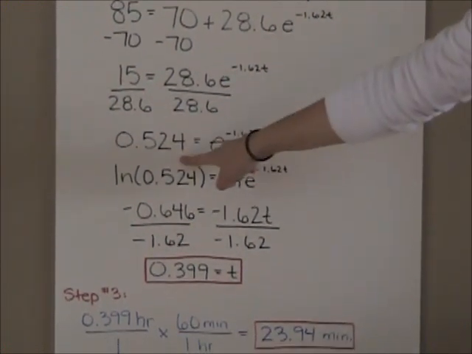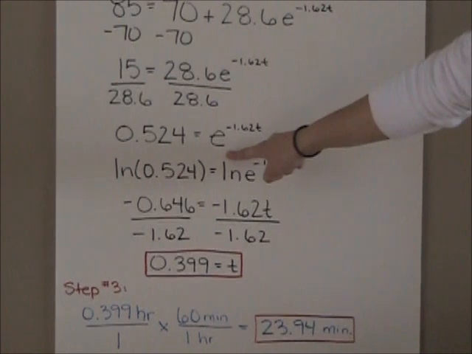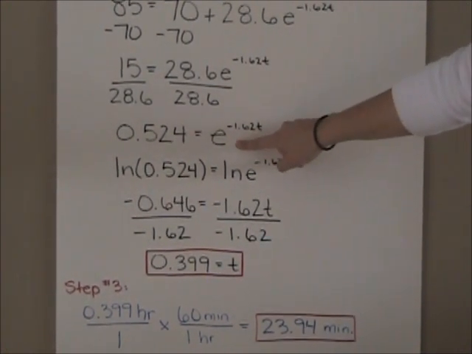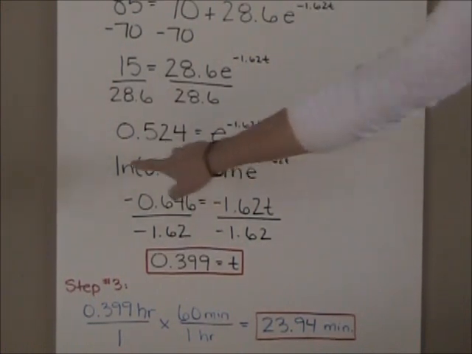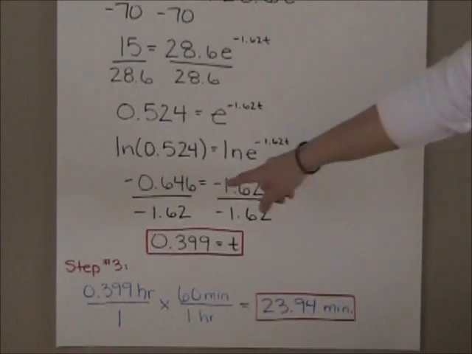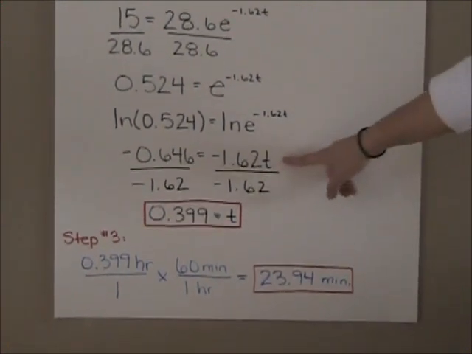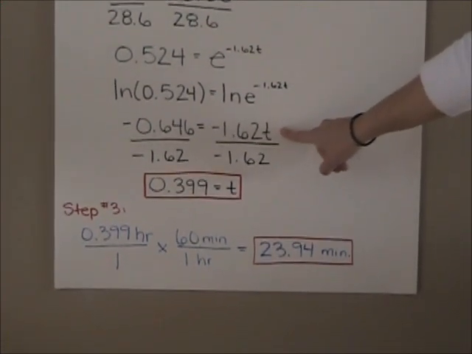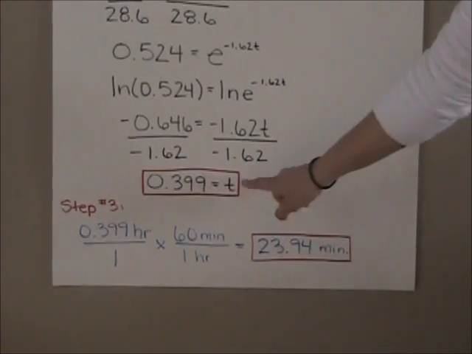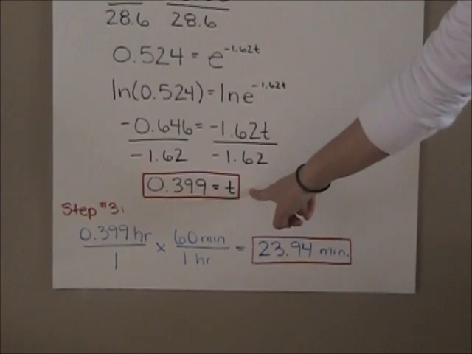We get 0.524 equals e to the negative 1.62t. Then again, to get rid of e, we take the ln of both sides, and we get negative 0.646 equals negative 1.62t. And then to get t all by itself, we divide by that negative 1.62 on both sides. We get t is 0.399.